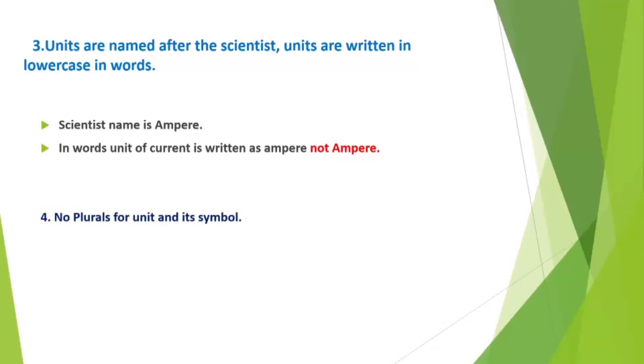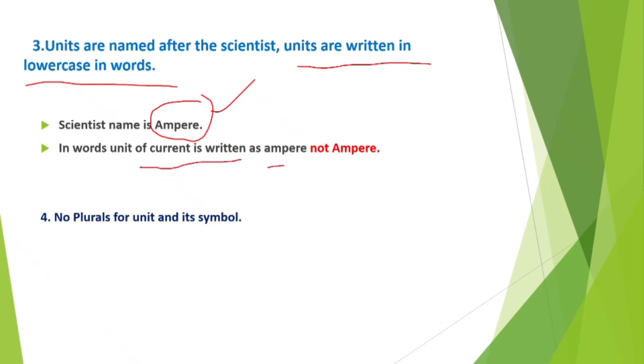Units named after scientists must be written in lowercase in words. Let us see an example. The scientist's name is Ampere. In words, the unit of current is written as ampere. Not a single letter should be capital.